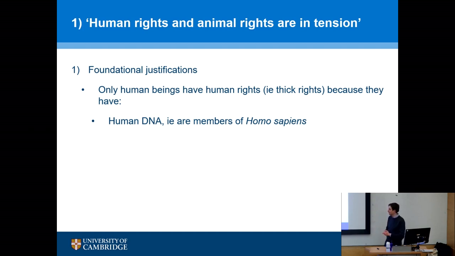This has been viewed as slightly problematic because, why should being a member of Homo sapiens be so relevant for holding human rights? Haven't similar arguments been made about members of other ethnic groups and why we should exclude them? So there's an element of arbitrariness. No need to rehearse those arguments here. We've already come across them.